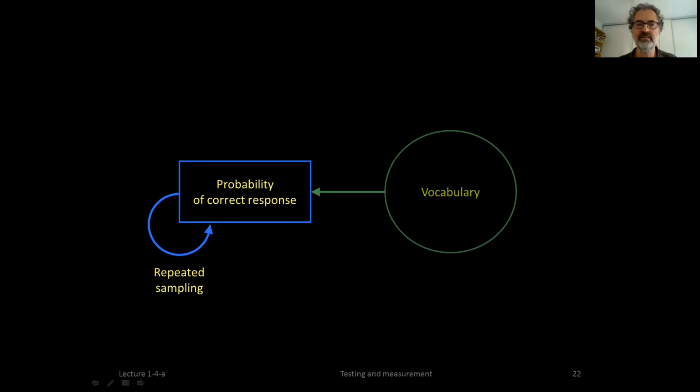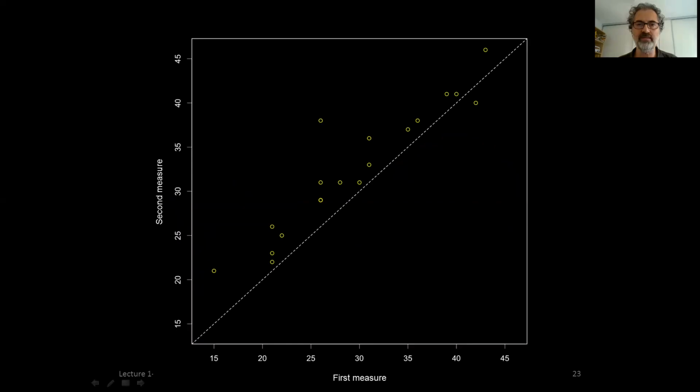Stable in the sense that the answer we get, the score we get from the test, does not depend on when the test is administered. So one easy way to check that is to administer the same test twice. And a stable test will give the same score twice. Actually, it will never give the exact same score, but there should be a very close connection, a very high correlation between the first administration and the second.